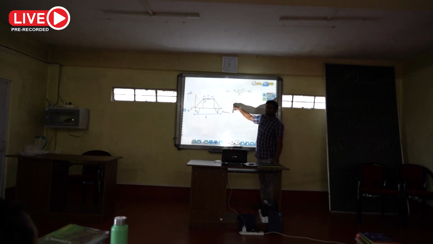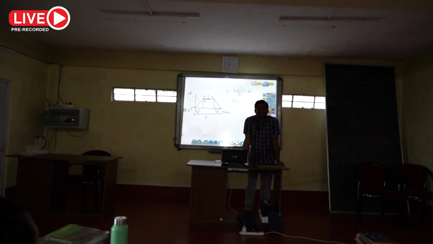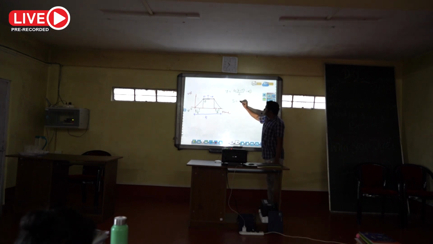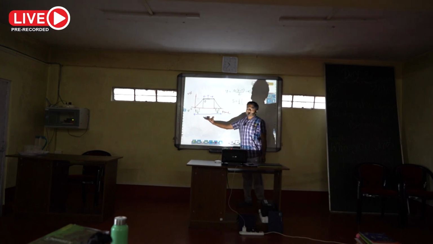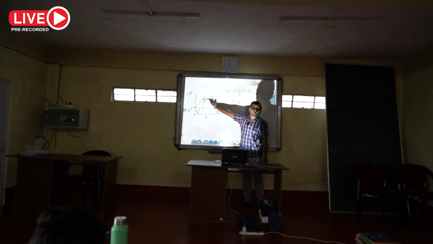What is the area of trapezium? Half into the sum of the parallel sides into the perpendicular distance between the parallel sides. You have to remember that. Now, it is half. This is one parallel side, this is another parallel side. What is their sum?